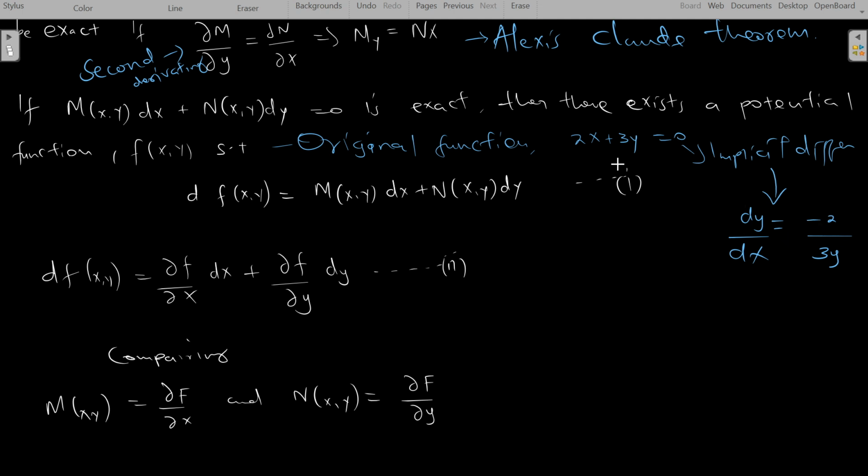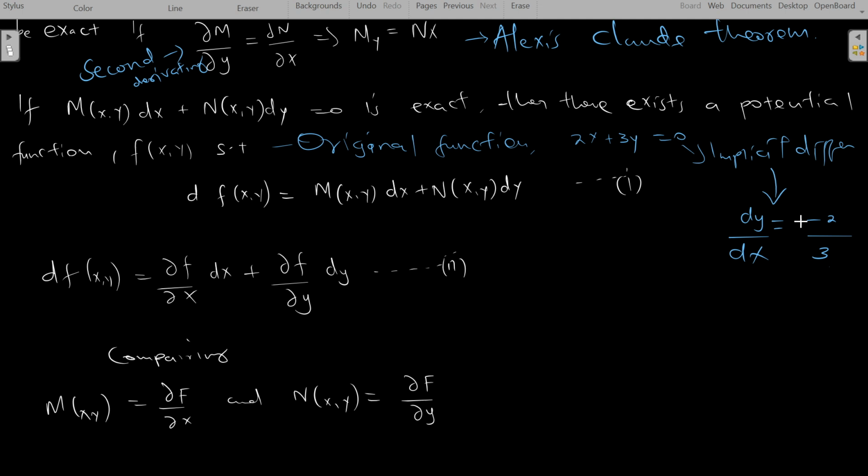It shouldn't have a y at this point, so our dy/dx is negative 2 over 3.